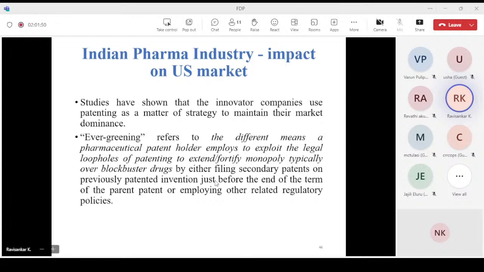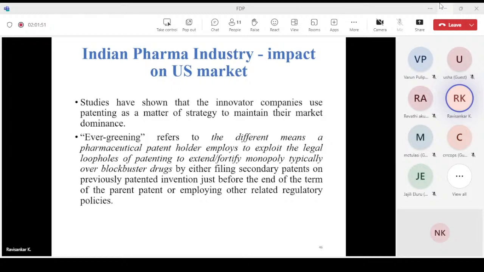They will study different indications, like how the drug is used in different indications. For example, if the drug is used for hypertension, then the same drug may be used as a painkiller or for some other indication. And they keep on filing patent applications, which will have later expiry compared to the original drug expiry.